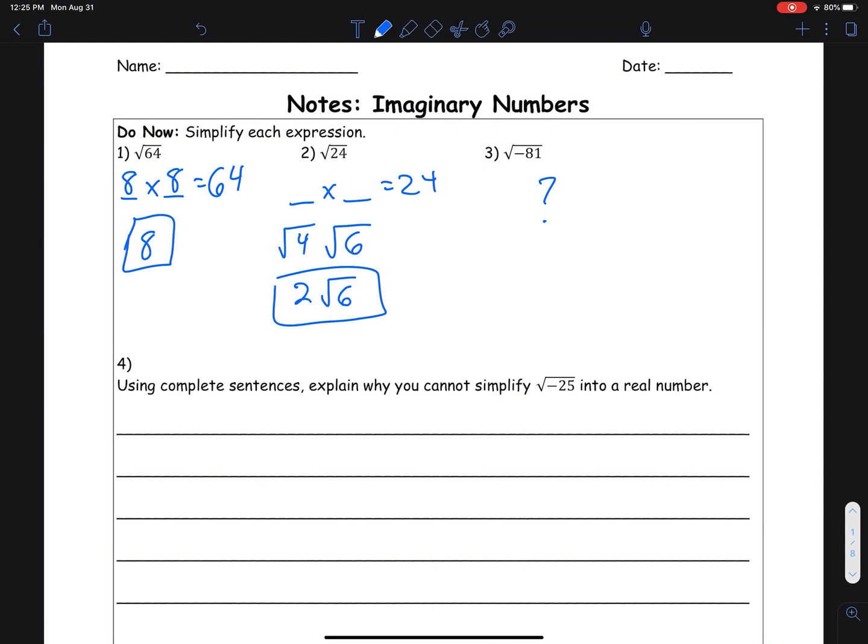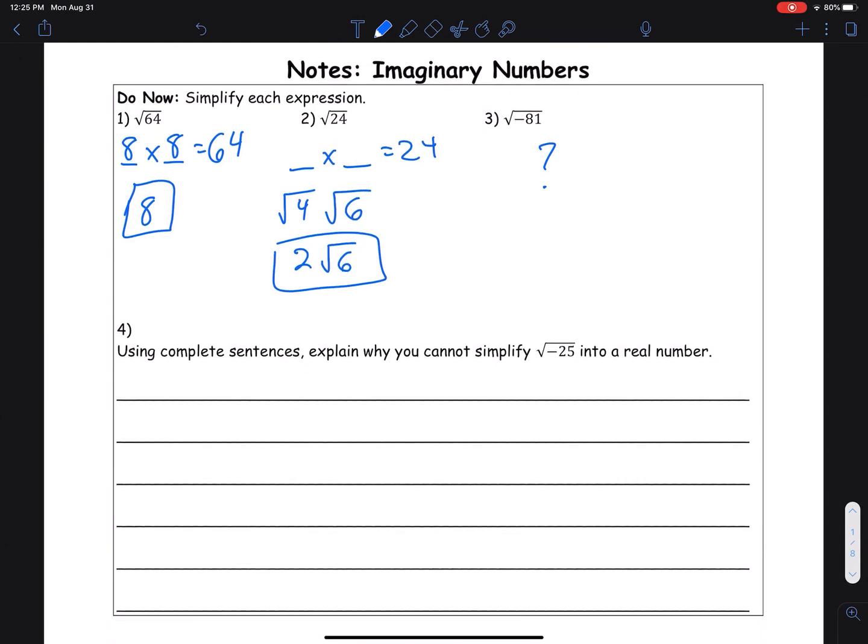So using complete sentences, explain why you cannot simplify radical negative 25 into a real number, the key words here being into a real number. So why can I not simplify radical negative 25 into a real number?